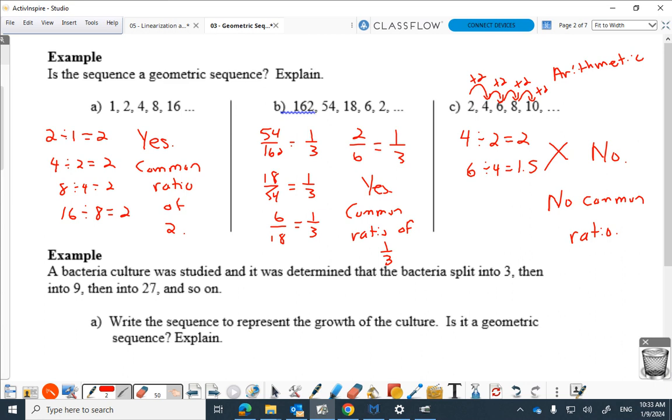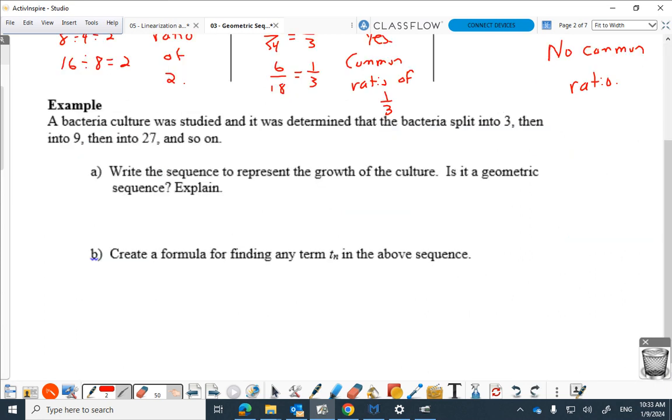Anybody who's thinking biology, chemistry, those types of things, geometric sequences have a direct application in biology. So I feel like I should get distracted for a second and do a little biology example so you can see what's going on here. A bacteria culture was studied and it was determined the bacteria split into 3, then into 9, then into 27.